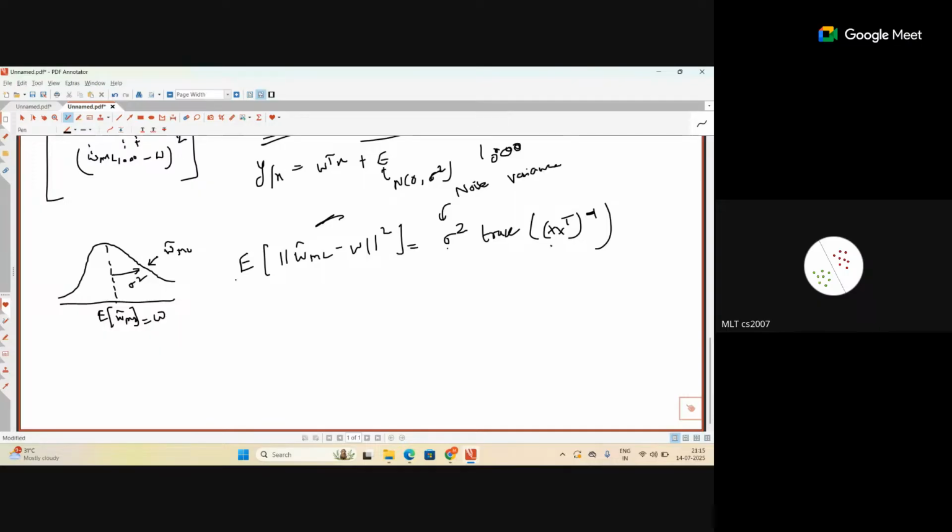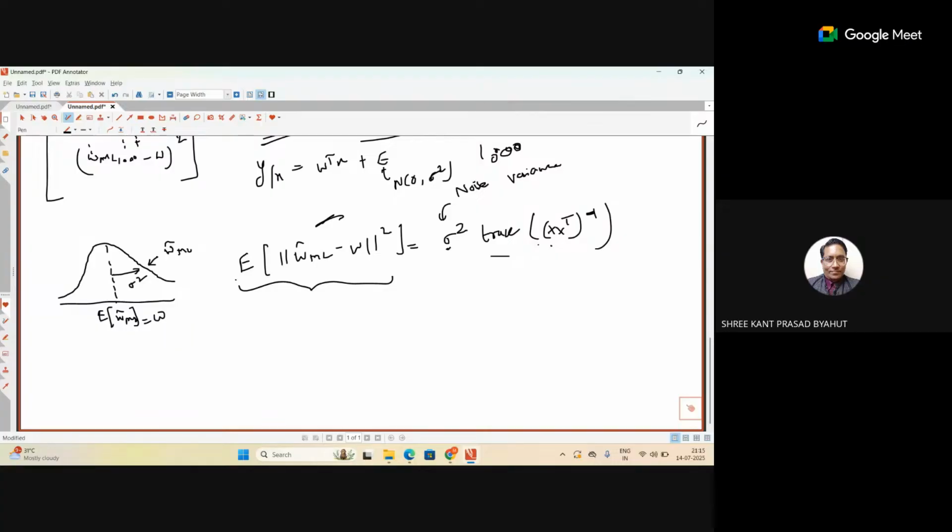So the variance of w hat ML is actually dependent on the noise variance and the trace of this, right? Basically it is dependent on two quantities. We cannot change the noise variance, because it is there inherently. We cannot change it. Is that okay?